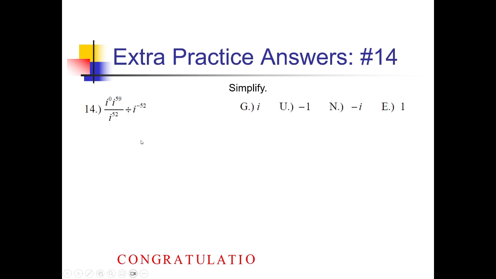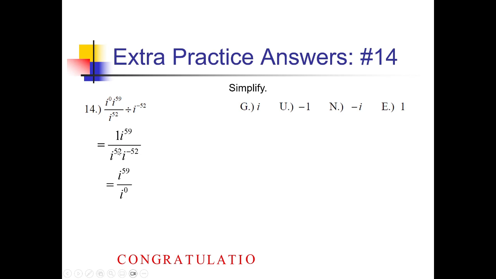For this next one, there's a lot of ways to do this problem. One thing I notice right away is that I have an i to the 0. I'm just going to write that as a 1. So we have 1 times i to the 59. And then this divided by i to the negative 52, I might as well just move that whole thing into the denominator of that first fraction. So we have i to the 52 times i to the negative 52. So when the dust settles here, in our numerator, we have i to the 59.